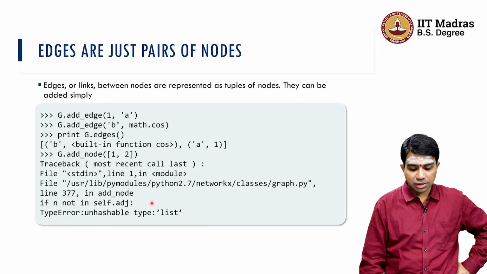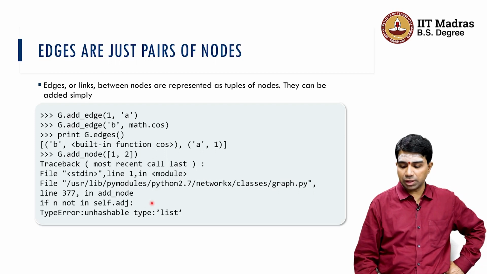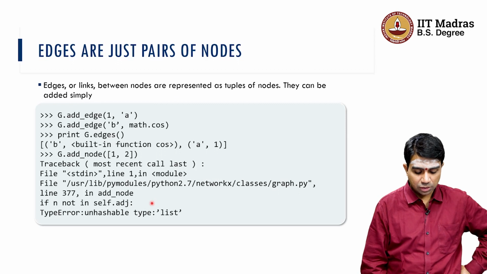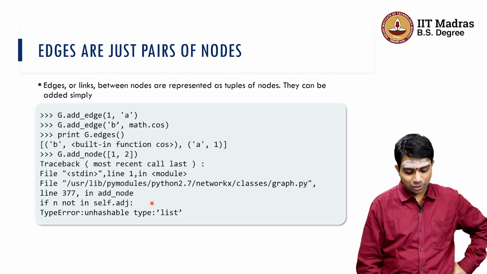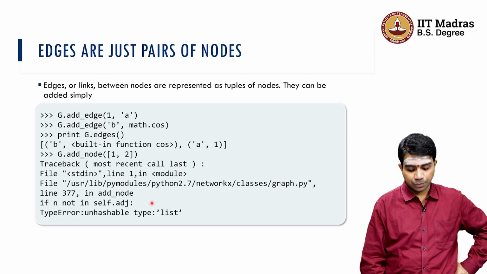And the edges are just pairs of nodes, and they are represented as tuples of nodes. They can be added simply, just add a pair of nodes. So, g.add_edge(1, 'a'), g.add_edge('b', math.cos), any kind of arbitrary nodes you can add, but you cannot add a list, right, because a list is not a hashable element.